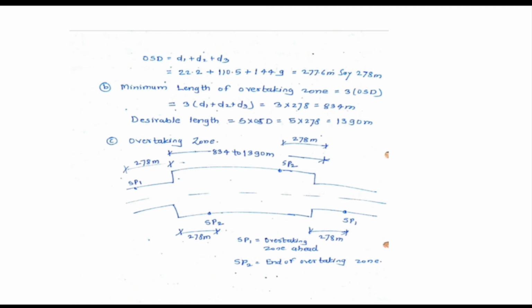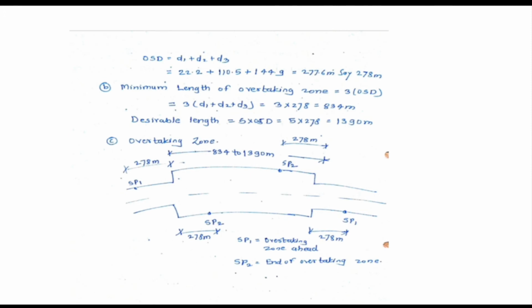Now to calculate part B, the minimum length of the overtaking zone will be equal to 3 times the overtaking sight distance. So 3 into the bracket addition of d1 plus d2 plus d3, that equals 3 into 278 equals 834 meters.